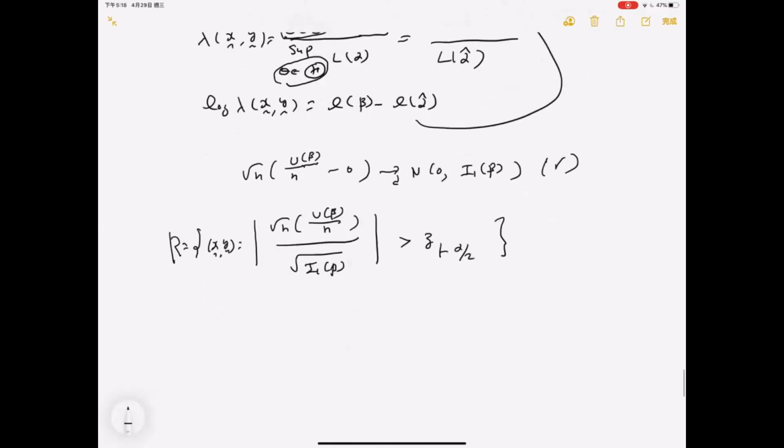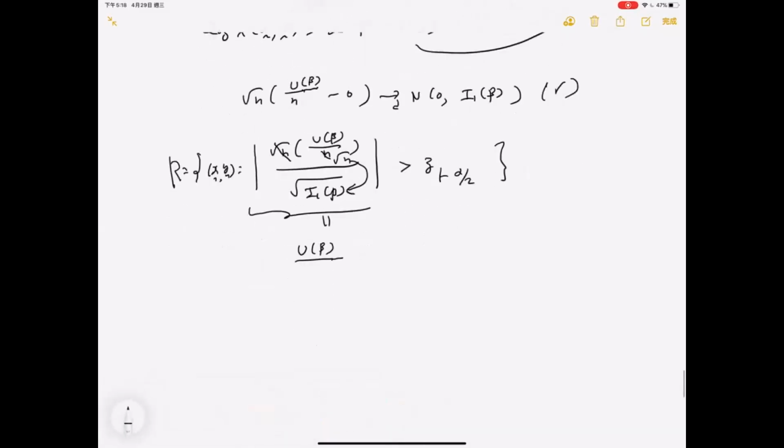Then of course you can write the same thing right here. You can write down as u beta divided by n, then cancel, become root n. You could put root n down, then become square root n times I1, then beta right here.